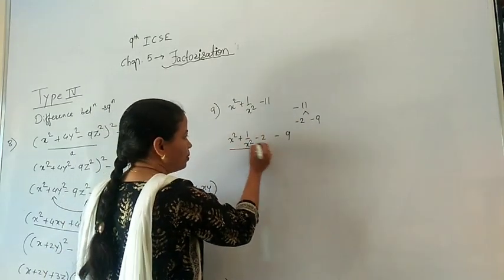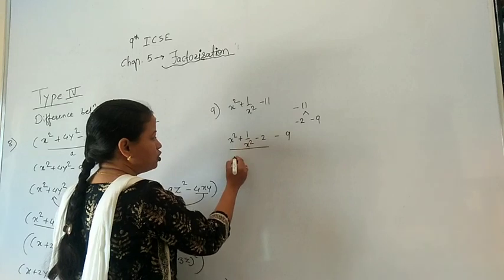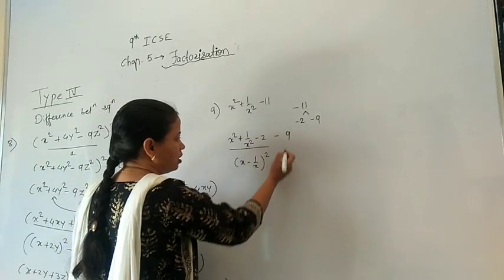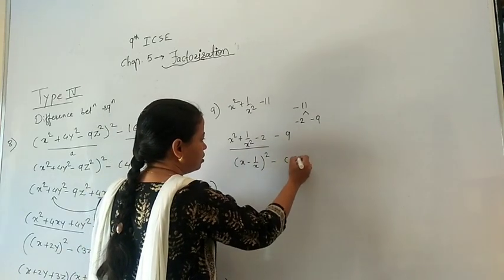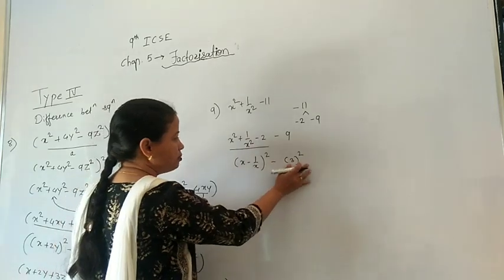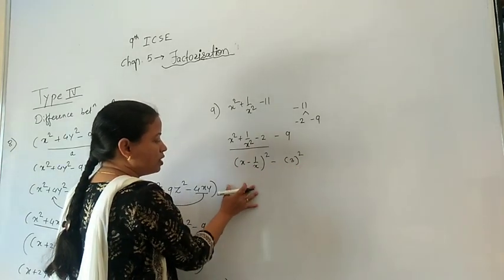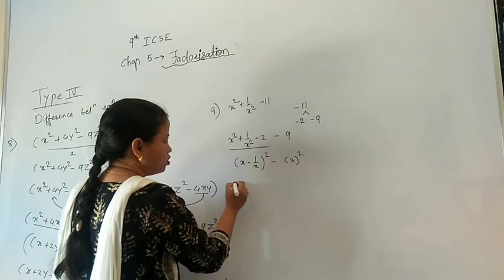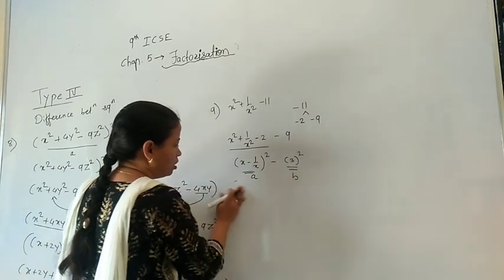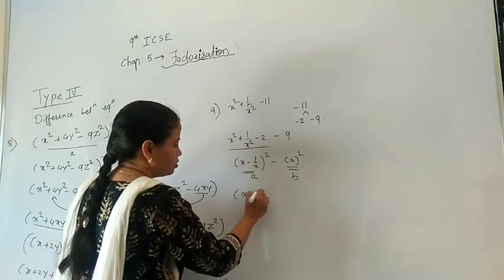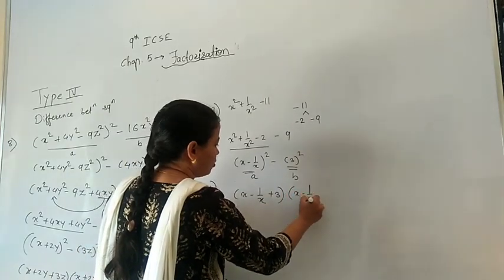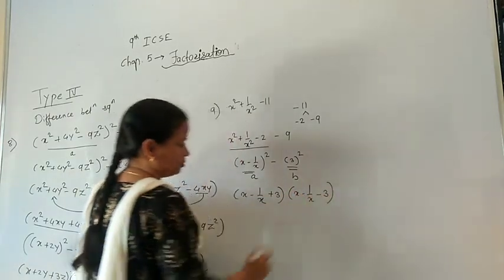Now this whole bracket is the expansion of (x minus 1 upon x) bracket square, and 9 means we are having 3 square. Now we have a square minus b square. Now we are going to convert it into a plus b and a minus b. So this full as a and this as b. Now factorize this: (x minus 1 upon x plus 3) and (x minus 1 upon x minus 3).